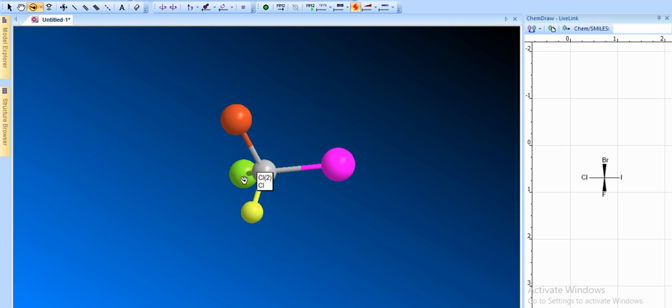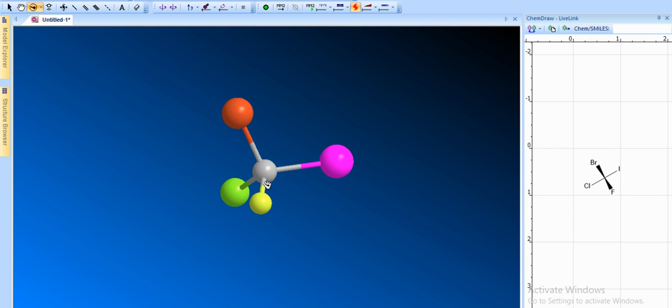So the group away from the viewer will always be represented by the dash bond, and the one which is coming towards me, this yellow one, we will draw by the wedge bond.